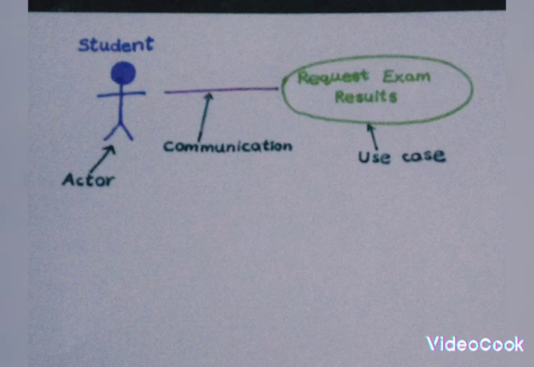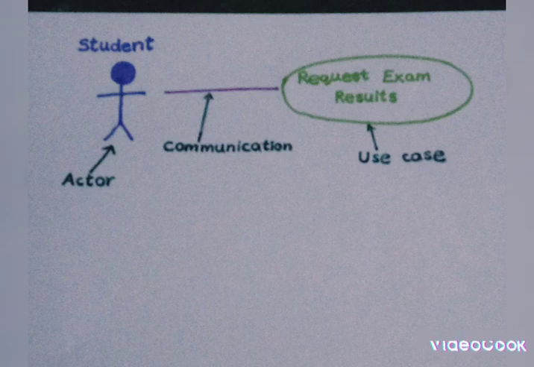I hope you all are familiar with this situation where you access your LMS to request your exam results of the recent exam, and here the actor is the student, because the student is the one that initiates the set of activities that take place when requesting the exam results.